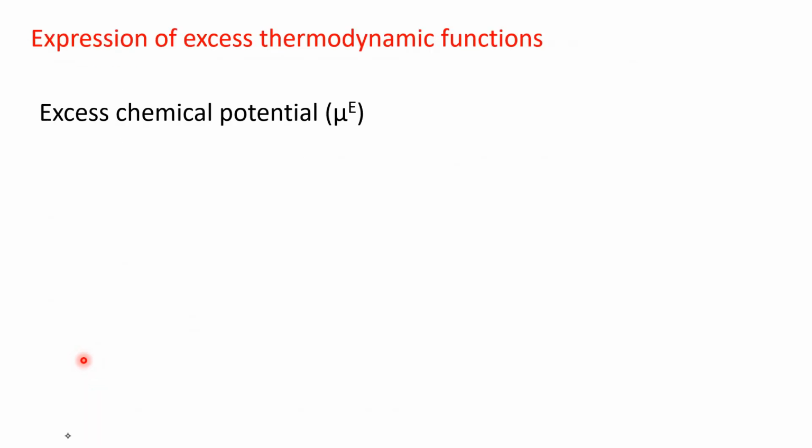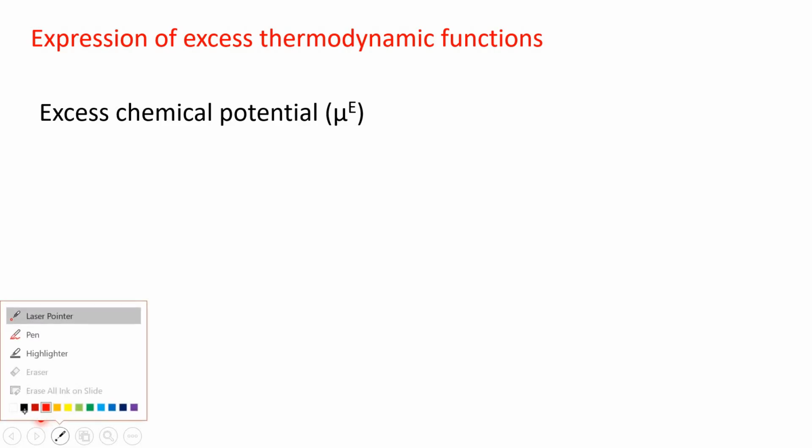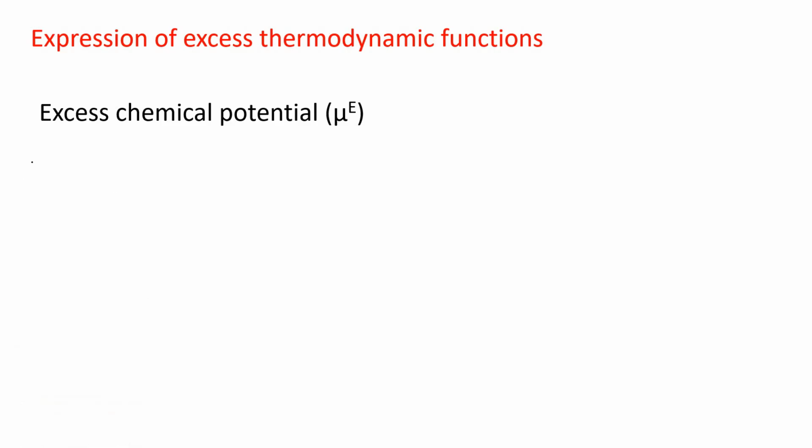Now coming to the expressions of different excess thermodynamic functions. First one is excess chemical potential, which is denoted by mu E. As per the definition, the excess chemical potential is equal to the chemical potential of the ith component for the real solution, minus the chemical potential of the ith component for the ideal solution.